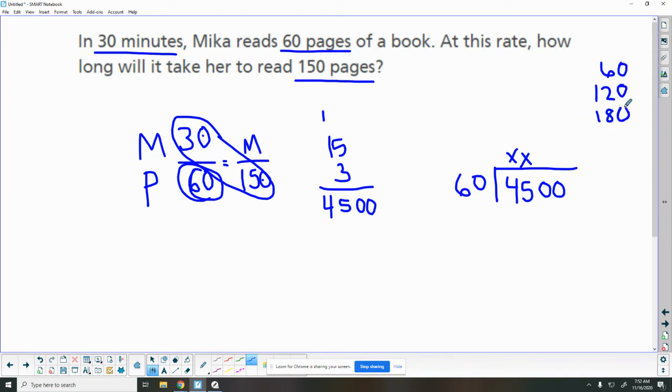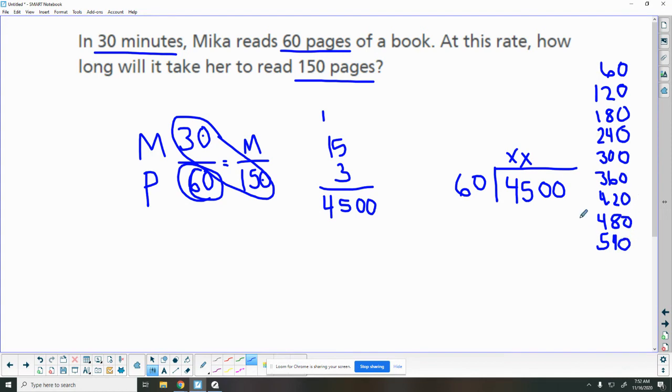I'm just going to keep counting by 6. 6, 12, 18, 24, 30, 36, 42, 48, 54. And then we'll add all these zeros since 60 has a 0 on the end.